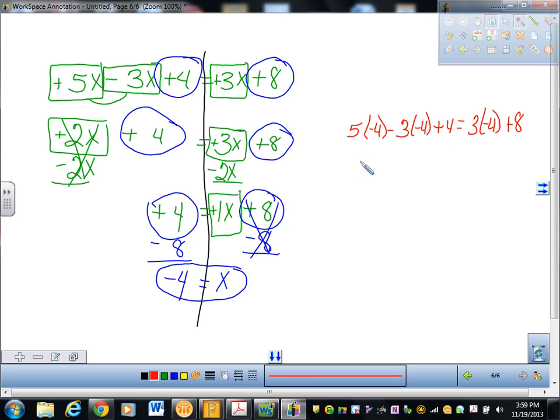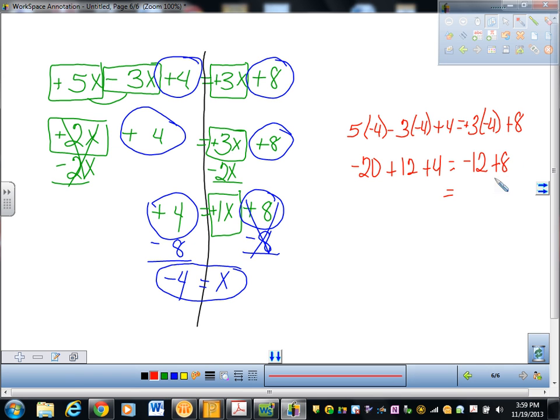Well, 5 times negative 4 is negative 20. Negative 3 times negative 4 is positive 12, because negative times negative is a positive, plus 4 equals 3 times negative 4, which is negative 12, plus 8.